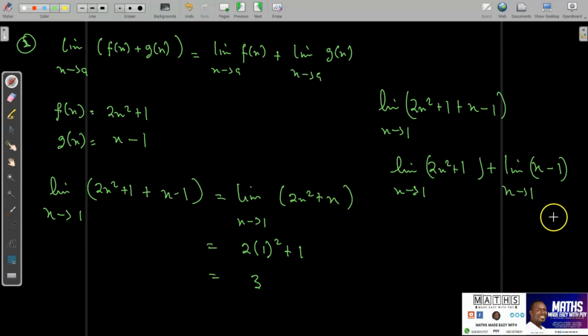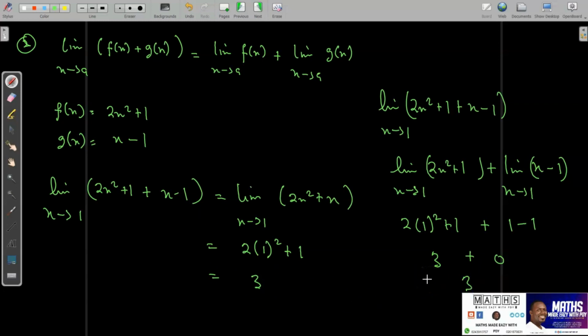Do you agree with what I've done there? Yes, please. So over here, directly we substitute. That's going to give us 2 times 1 all squared plus 1. And then over here is going to be 1 minus 1. So what do we have here? 3, plus 0. So the final answer is 3. So they are the same.